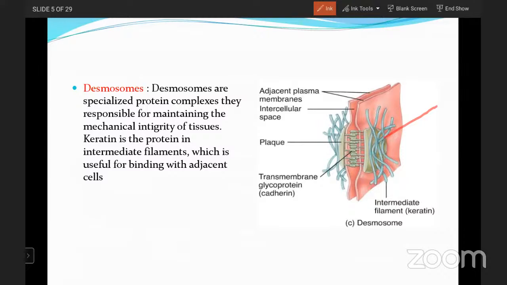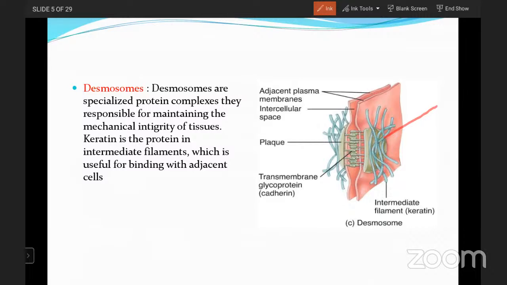It is the keratin protein, which is useful for binding with adjacent cells. The filaments which arise from a particular cell portion and are made up of keratin will be useful for binding with the adjacent cells. They are known as the desmosomes. Especially desmosomes are present in the muscles. Okay, this is about the desmosomes.